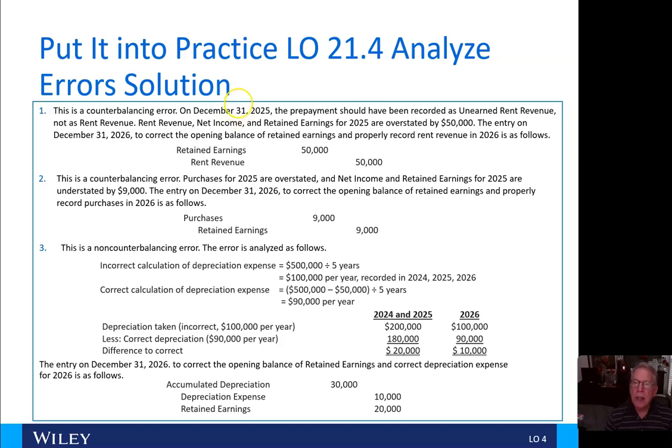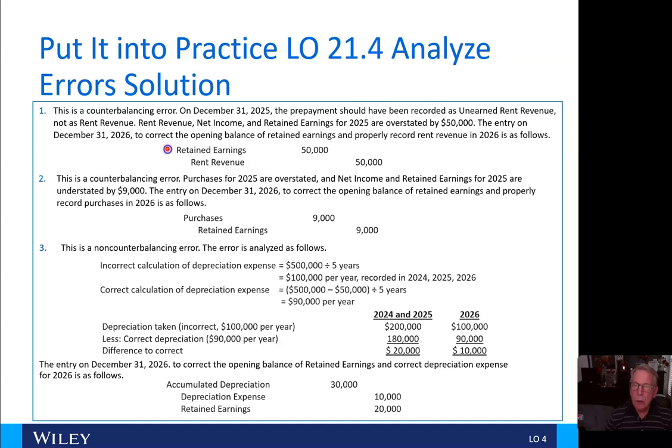The rent revenue, net income, retained earnings are all overstated for $50,000, and the entry on December 31, 2026 to correct the opening balance of retained earnings and properly record rent revenue for 2026 is as follows.